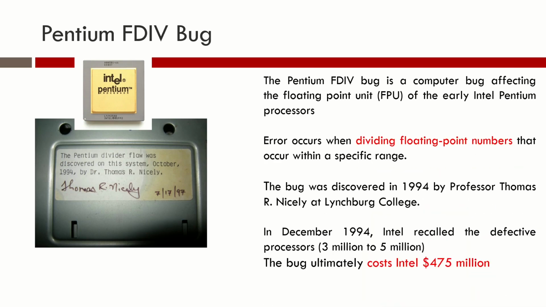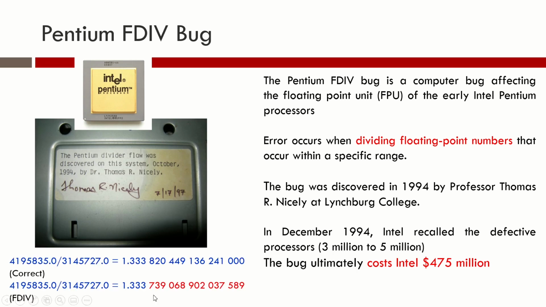This bug, the Pentium FDIV bug, is a computer bug which affected the floating point unit of the early Intel Pentium processor. And this bug was discovered in 1994, and the error actually occurred when dividing floating point numbers that occur within a specific range.